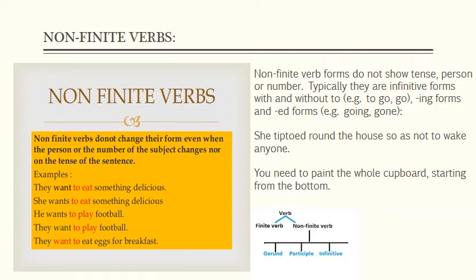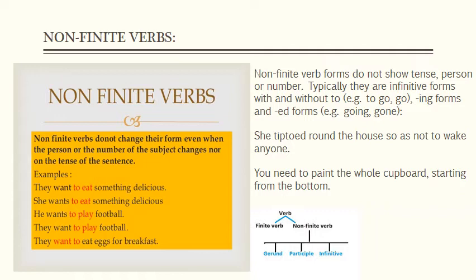Non-finite verbs do not change their form, even if the person or the number of the subject changes, nor with the tense of the sentence. As you can see in the example, "They want to eat something delicious. She wants to eat something delicious."